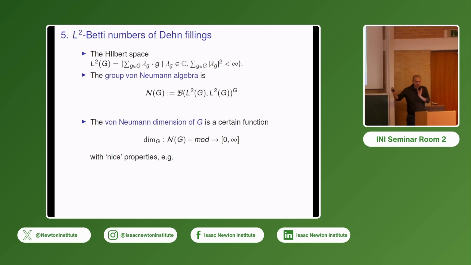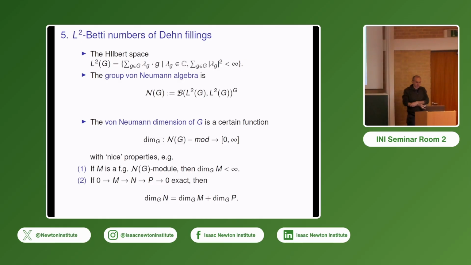Every module over this ring gives us a number between 0 and infinity, including 0 and infinity. All we care about are the nice properties that it has. If M is a finitely generated NG module, then this dimension is finite. And it is additive on short exact sequences.